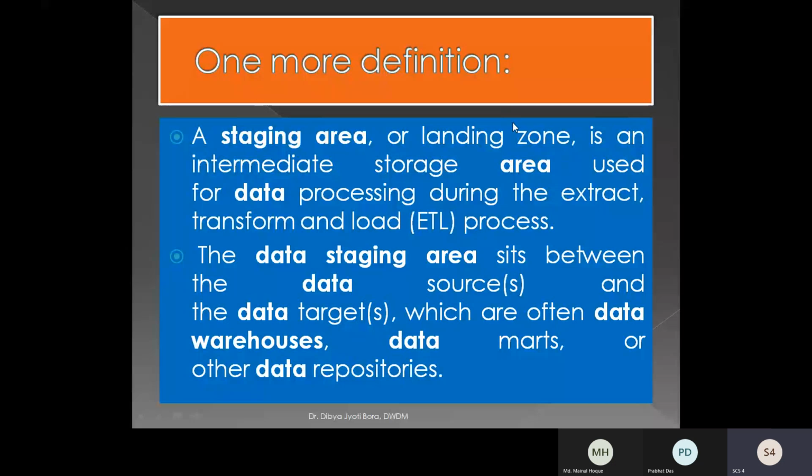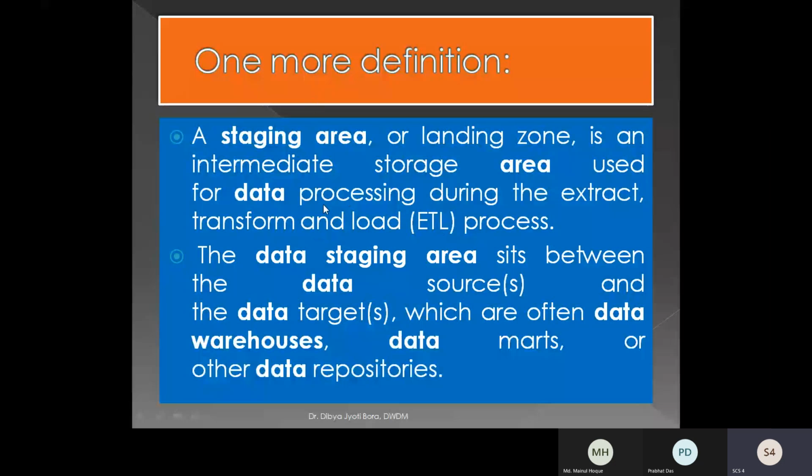Okay, a staging area or landing zone is an intermediate storage area used for data pre-processing or during the extract, transform and load process. ये टर्म जो है ये बहुत बार कॉम्पिटिटिव एग्जामिनेशन में पूछते भी है कि ईटीएल क्या है. ठीक है, ईटीएल का फुल फॉर्म क्या है, याद रखना: एक्सट्रैक्ट, ट्रांसफॉर्म एंड लोड. पहले एक्सट्रैक्ट करोगे, उसको ट्रांसफॉर्म करोगे. जब डाटा प्री प्रोसेसिंग टेक्निक्स हम देखेंगे तो एक पार्टिकुलर यूनिट में हम ट्रांसफॉर्म करेंगे वो डेटा को, ठीक है, और उसके बाद ही उसको लोड करेंगे, दैट इज ईटीएल प्रोसेस. तो सिंपल सा क्वेश्चन है कि ईटीएल प्रोसेस किस एरिया में होता है, किस पार्ट में होता है?